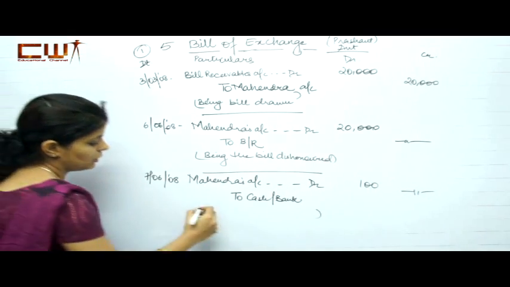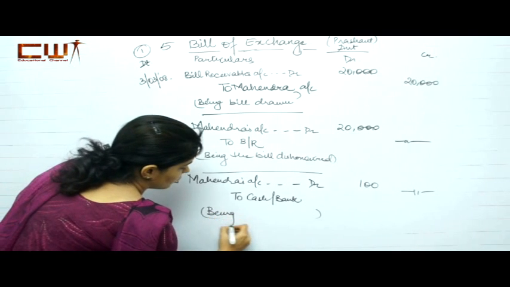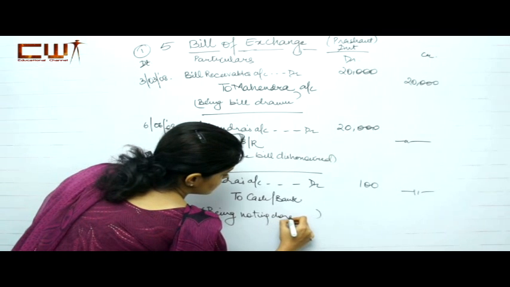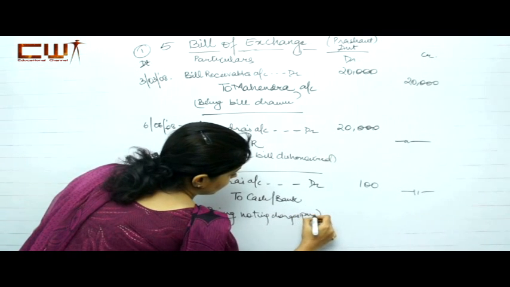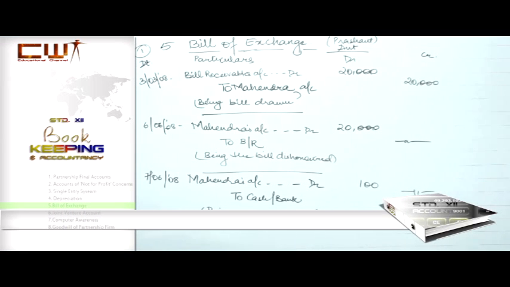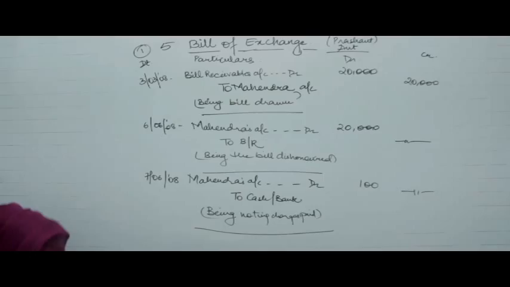Alright, being noting charges paid. This is the entry that you do. Now anything else? He has just dishonored the bill, so that is all. So this is the end for Mahendra's transactions. Alright, now we will deal with Kamini's transactions.